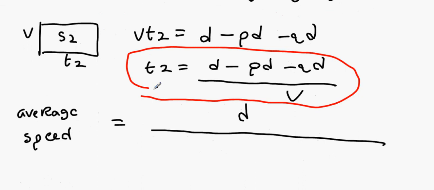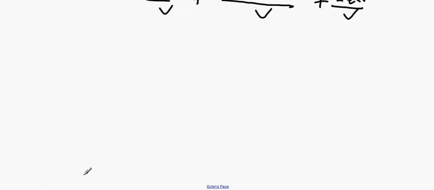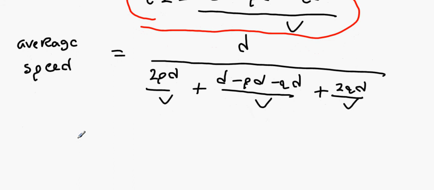So let's get started: 2PD over V plus D minus PD minus QD all over V, and then plus 2QD all over V. Let's add all these together now and see what happens.